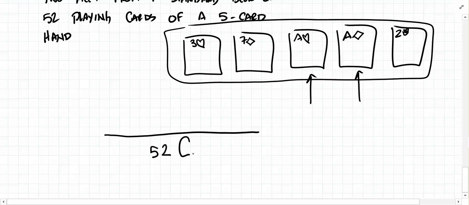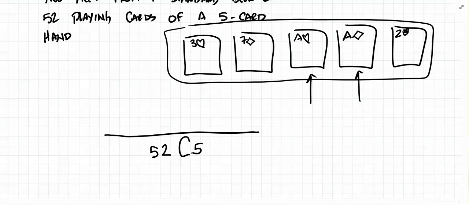What I really care about is what that number represents. That little formula right there, 52 combined 5, is a very powerful statement because that allows you to count how many ways you can randomly grab 5 cards from 52. That's what you need to understand. You don't need to know what that number is. You need to know what that number means.